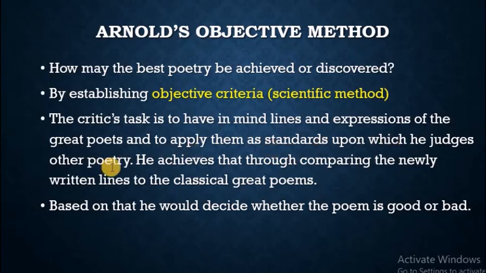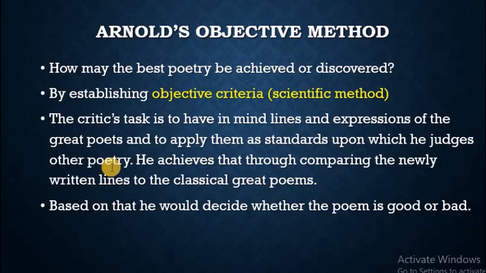So the critic observes a certain poem and wants to judge it. What does he do? Basically, he should have memorized, or he should know, lines of poetry by great poets, like Shakespeare, for example.